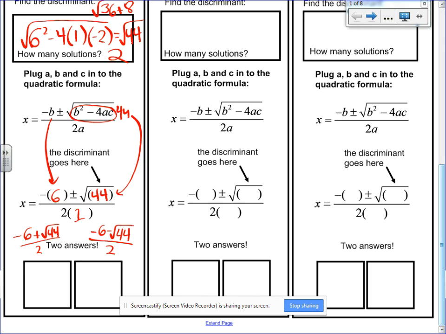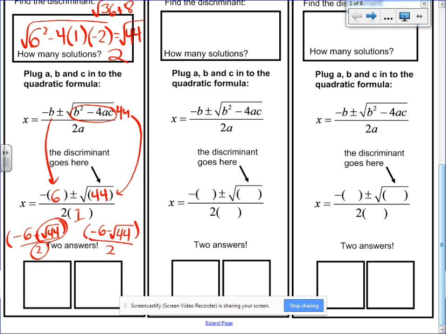I'll give you a second to get your calculator. Now make sure when you're doing this that you're putting all of that in parentheses. If you don't do that, then your dividing will end up not being correct, because it'll take the square root of 44 and divide it by 2 instead of the entire thing.